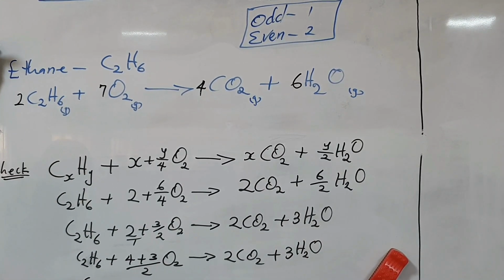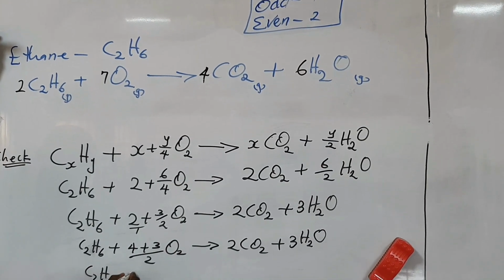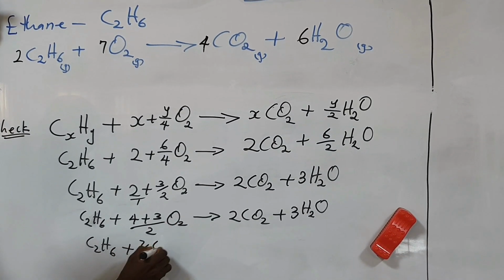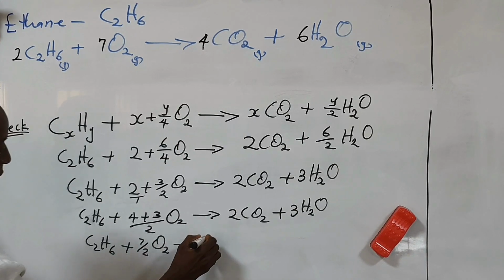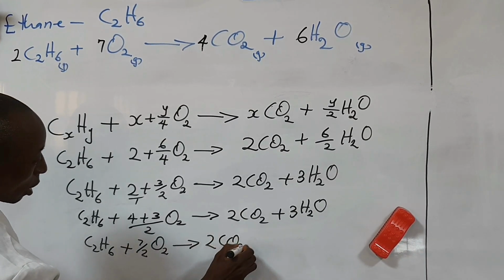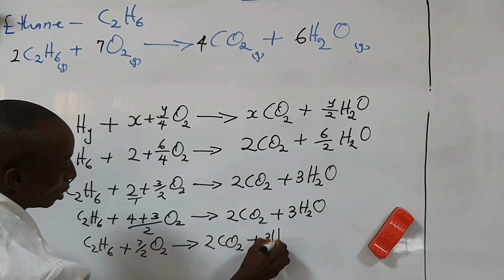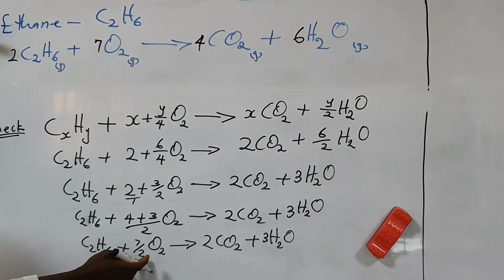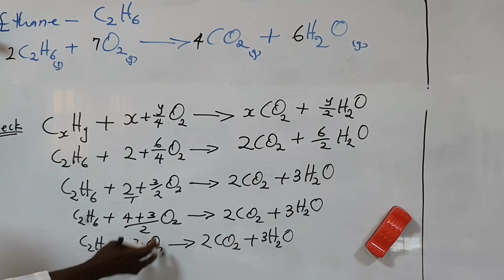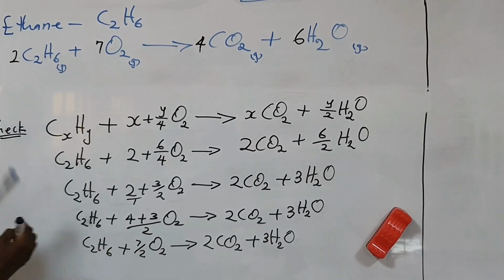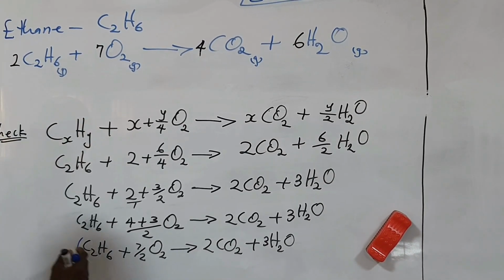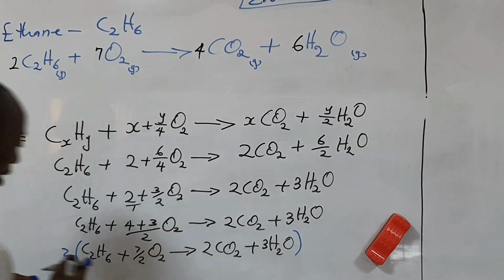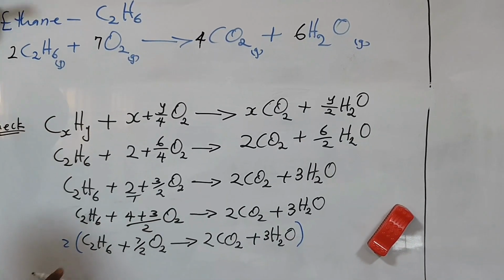Yes, this gives us C2H6 plus 7 over 2 of oxygen atom and 2 moles of carbon dioxide, 3 moles of water. Yes, this is correct, but to make your number of moles of oxygen at the reactant whole, multiply all by 2 so as to eliminate this fraction.